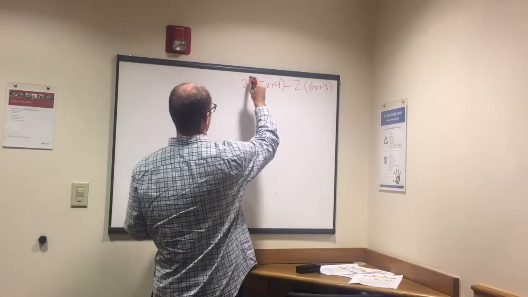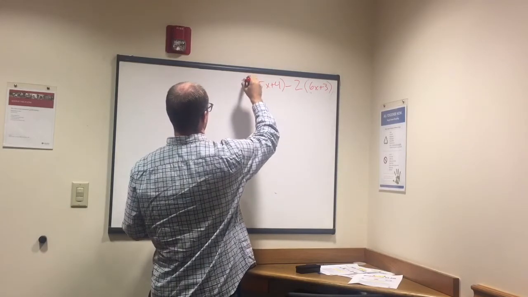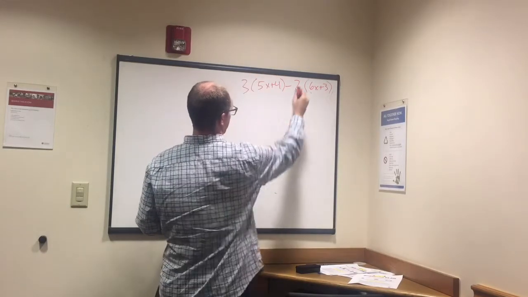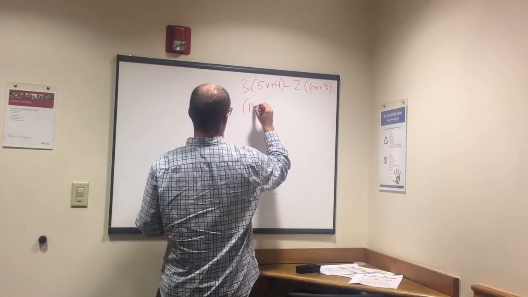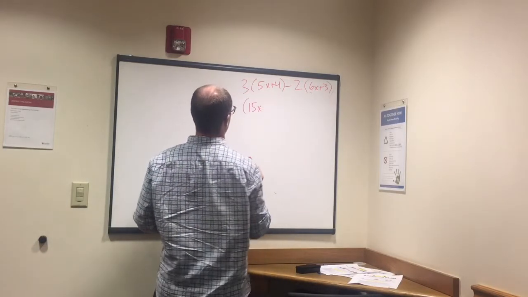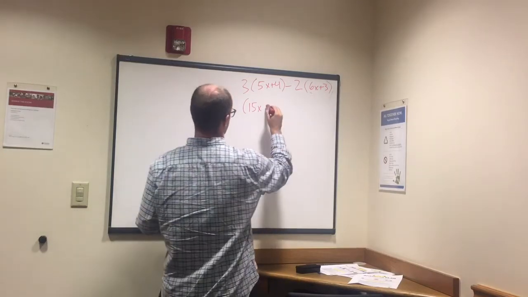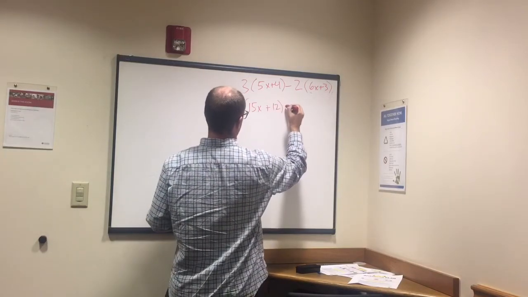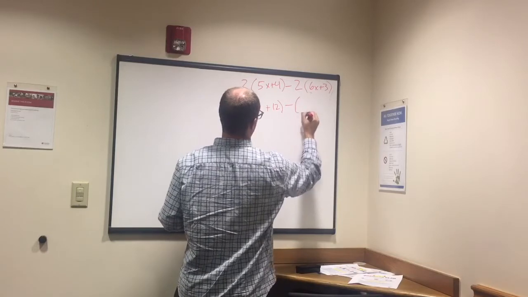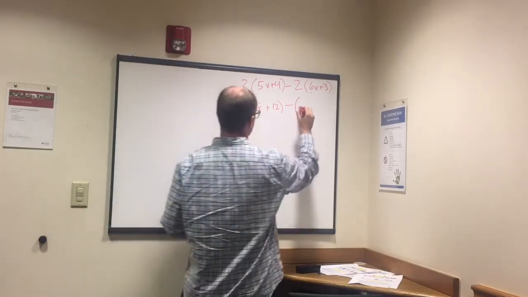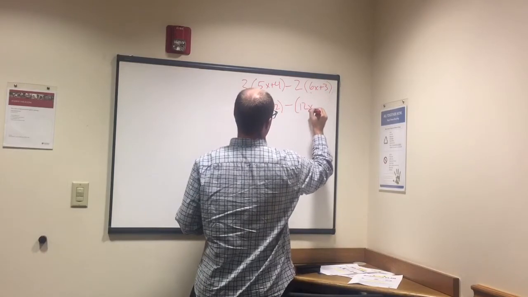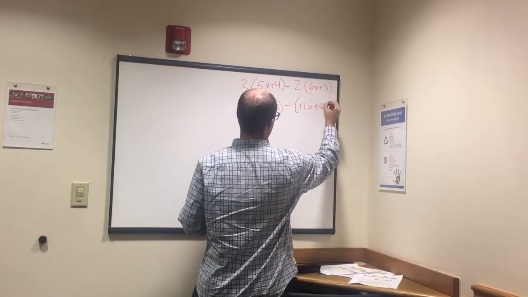So I'm going to multiply 3 times the 5x plus 3 times the 4, and the same over here. So 3 times 5x is 15x, 3 times 4 is 12, so plus 12, minus, then we have 2 times 6x, so 12x, and 2 times 3 is 6.